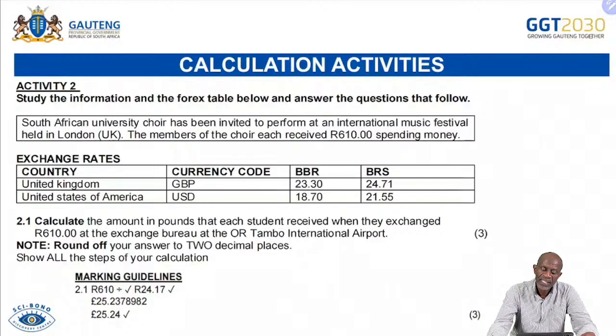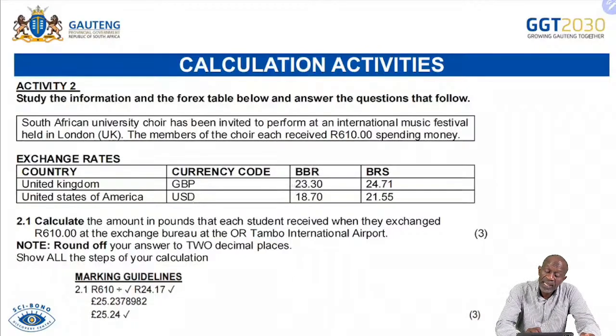Here is the exchange rate sheet, or table. The countries are the United Kingdom and the United States of America, and the exchange codes are GBP for the United Kingdom and USD standing for United States dollar.